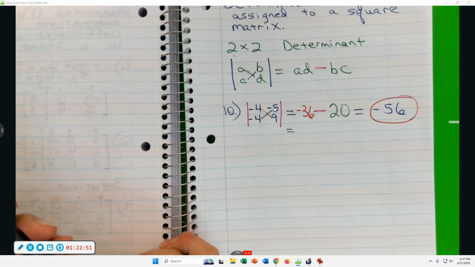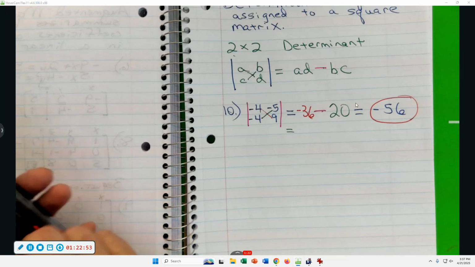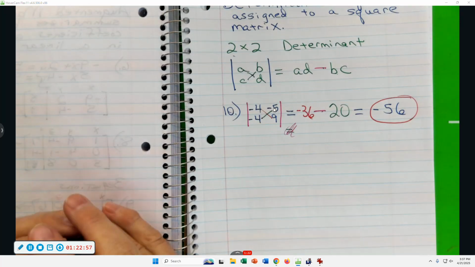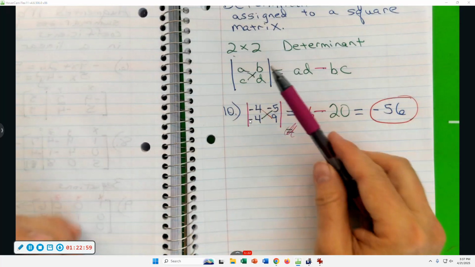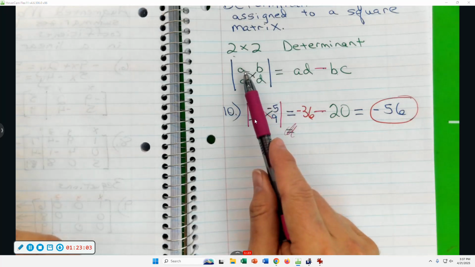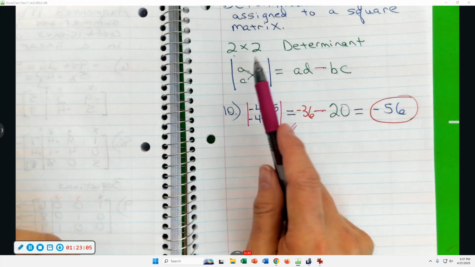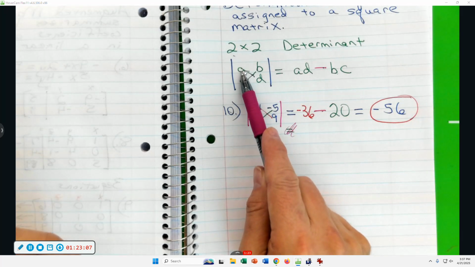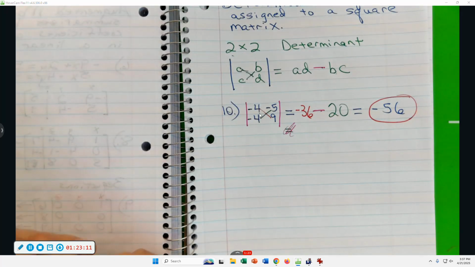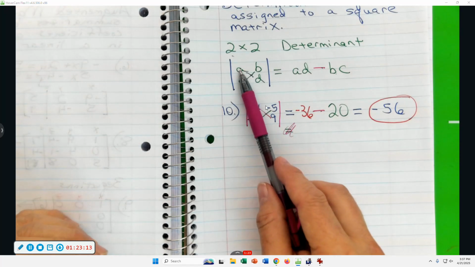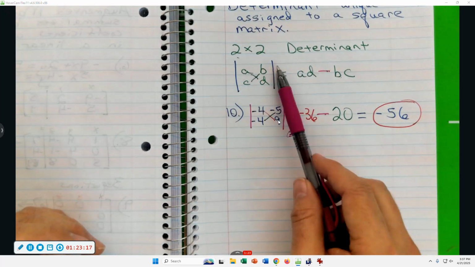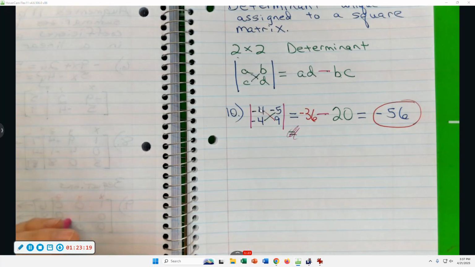A lot of times students will get the wrong sign, and what's happening is you're going the wrong direction. They're doing BC minus AD. For determinants, you always start in the upper left-hand corner. Start with the first number.